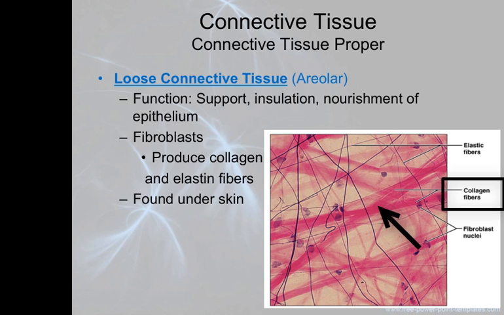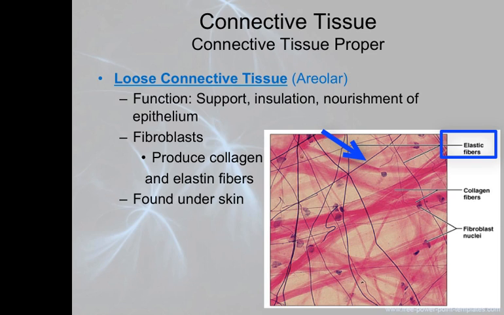Collagen fibers are a mesh for support, and elastin or elastic fibers, as the name implies, make the tissue elastic or stretchy. The fibroblasts, these are the cells that secrete the matrix. And this tissue binds and supports. It's found under your skin, between the skin and the muscle, and between your organs. It's what holds you together.